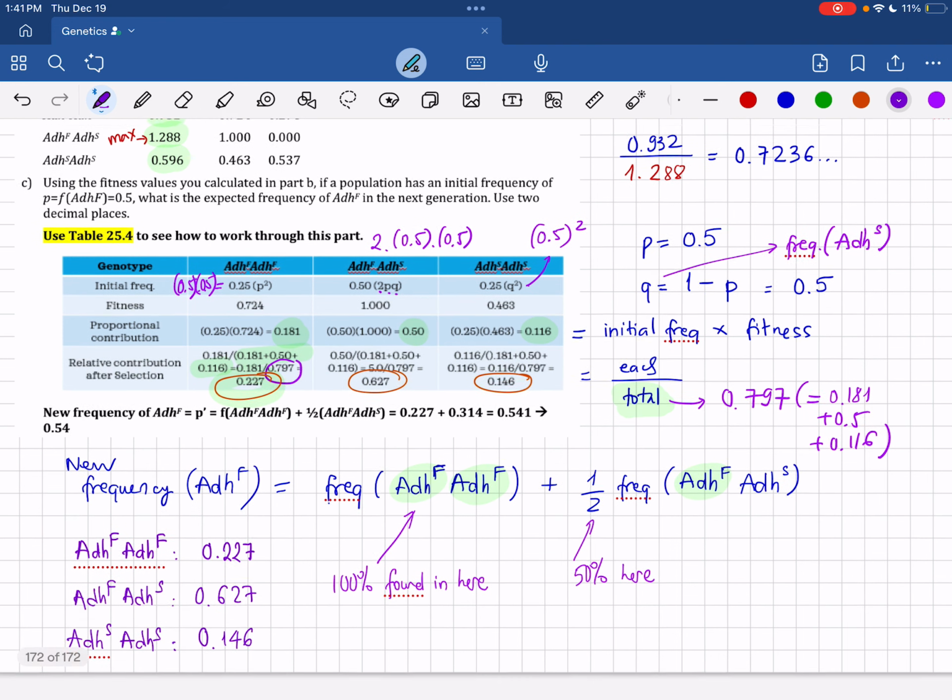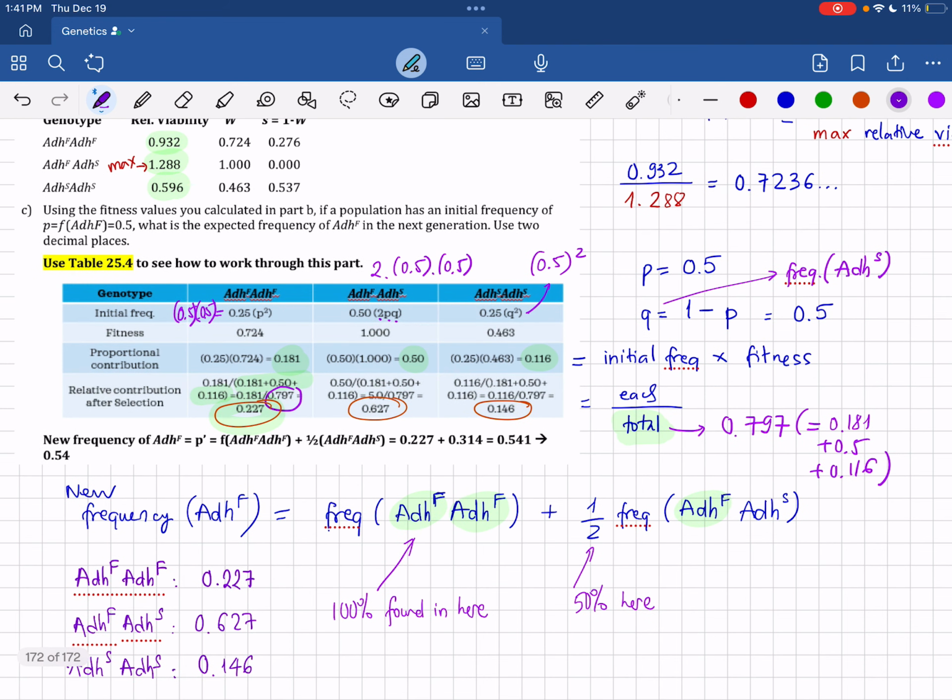Now they ask us to find the new frequency of the ADH F allele. We can see the ADH F appears here, two alleles in the genotype, and one here, right? If we look at this one, 100% we will see ADH F, so the frequency will be the same as the genotype frequency itself.